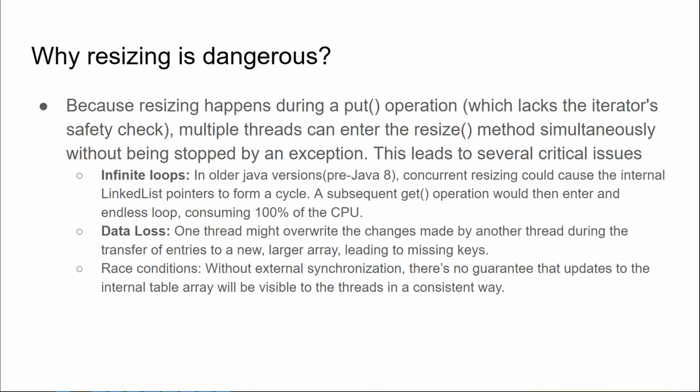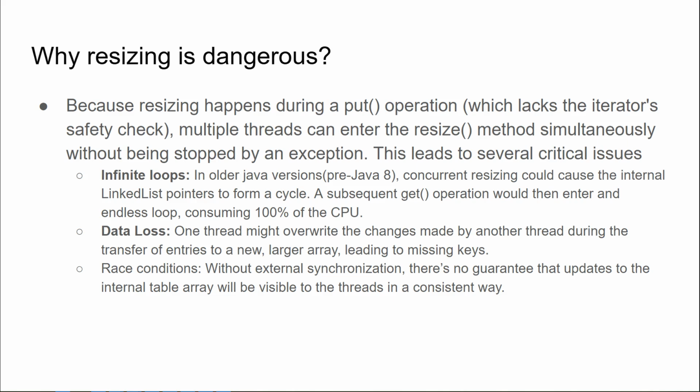And why is resizing dangerous? Because resizing happens during a put operation, which lacks the iterator safety check. Multiple threads can enter the resize method simultaneously without being stopped by an exception.